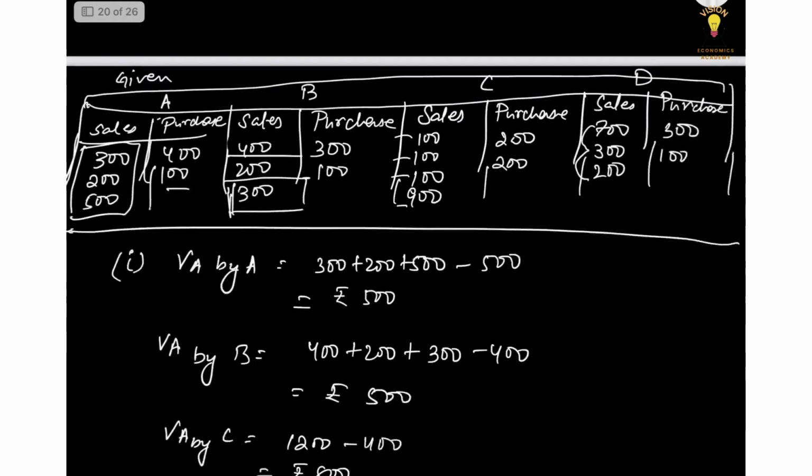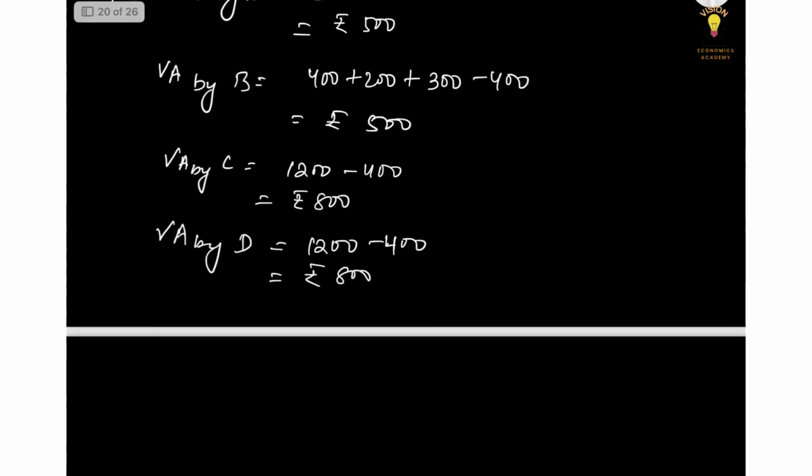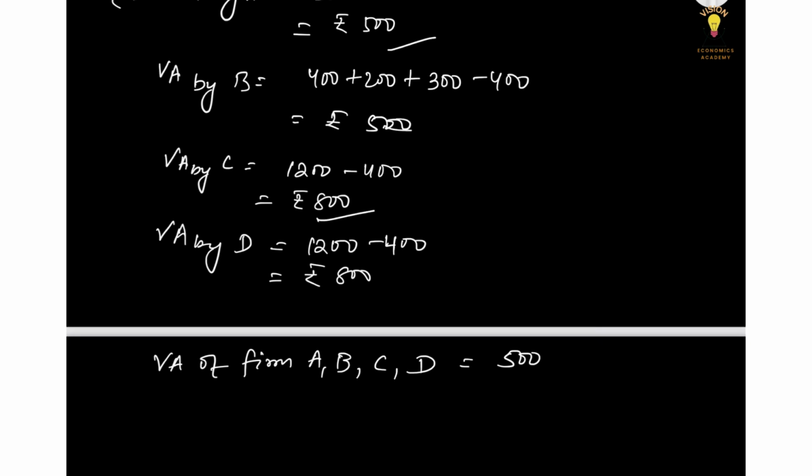Now all of them together. The value added of firms A, B, C and D together is 500 plus 500 plus 800 plus 800. 800 plus 800 is 1600. 1600 plus 1000, 2600.